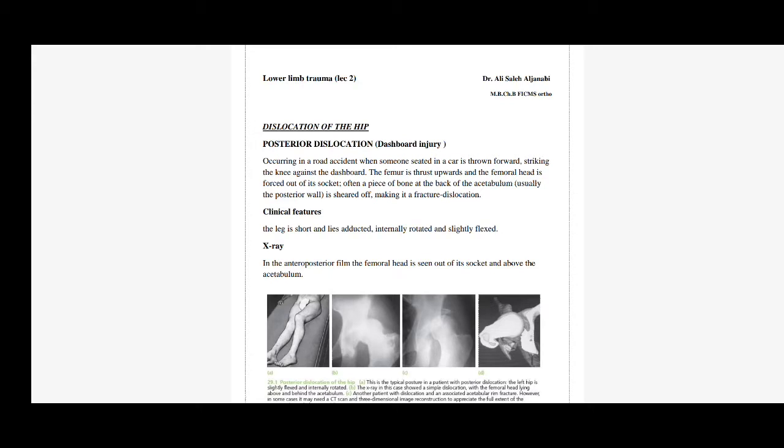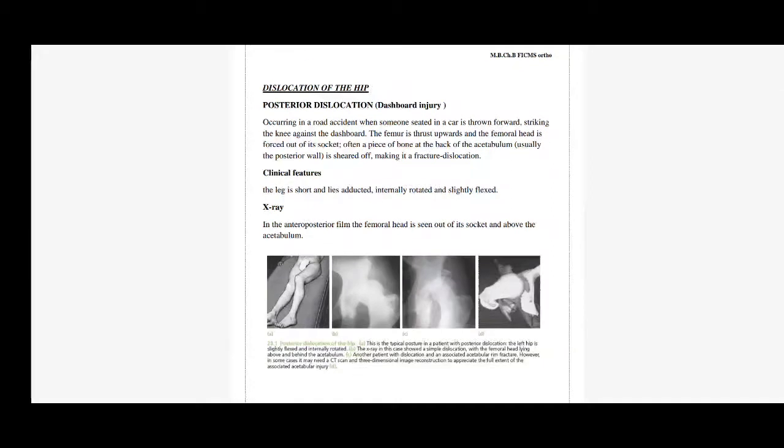It shears off, making a fracture dislocation. As I mentioned, it constitutes about 90 to 95% of all patients, usually occurring in young patients as a result of road traffic accidents.